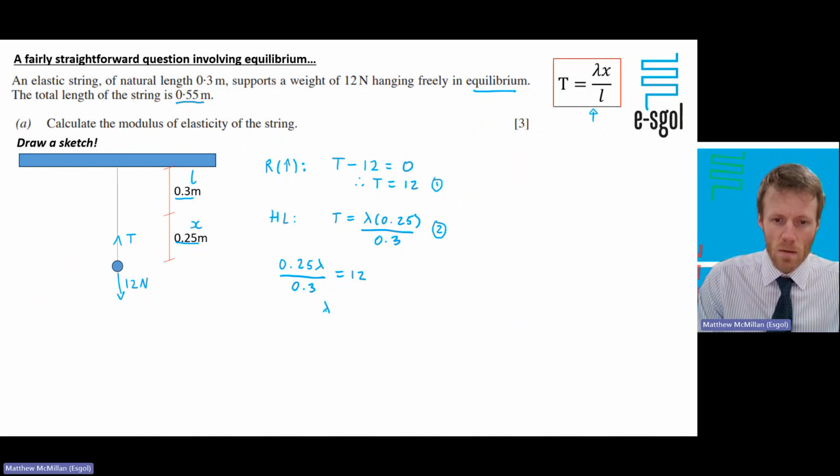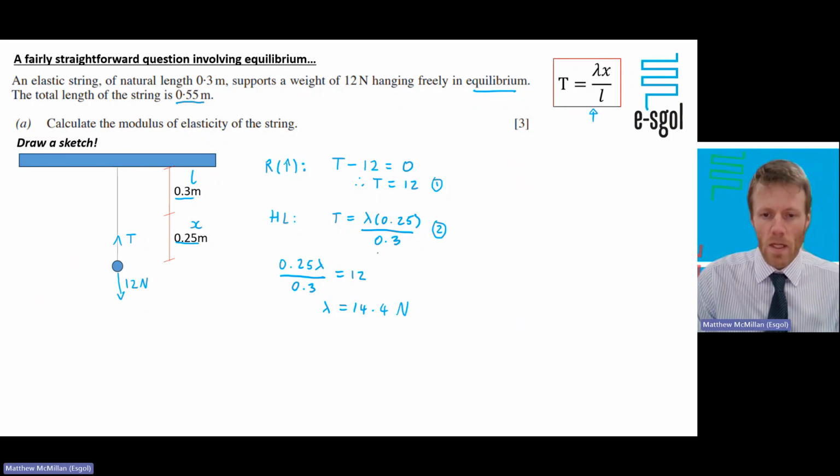That gives us lambda equals 14.4. Now the unit for lambda is newtons. That is a very straightforward question involving Hooke's law and equilibrium. It's unlikely you'll get a question that straightforward, so we just need to look at a slightly more difficult example, and that's what I wanted to look at next.